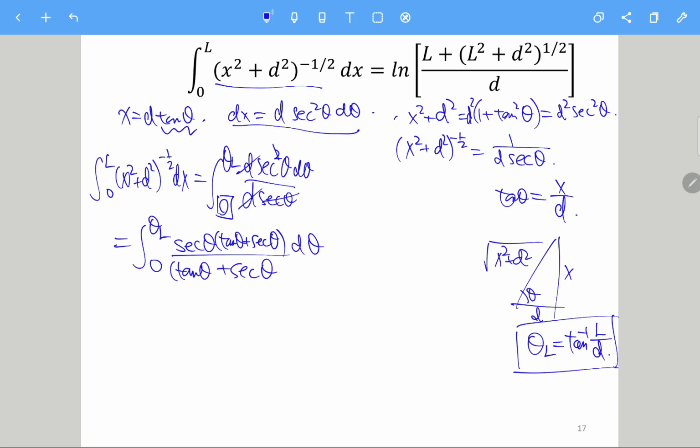So this one becomes secant theta tangent theta plus secant square theta, which will become d of tangent theta plus secant theta, and then we have tangent theta plus secant theta at the denominator.